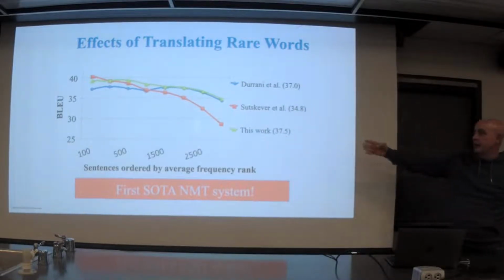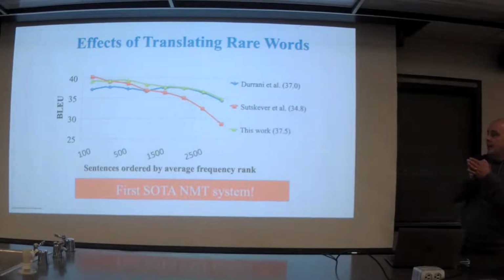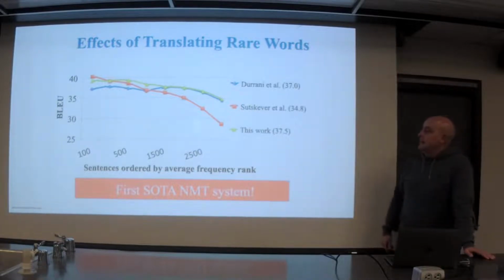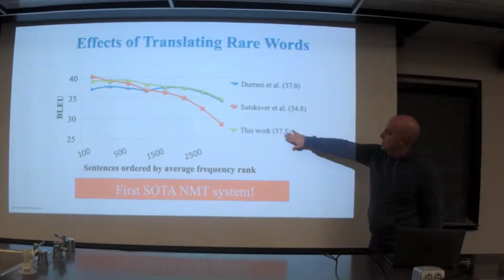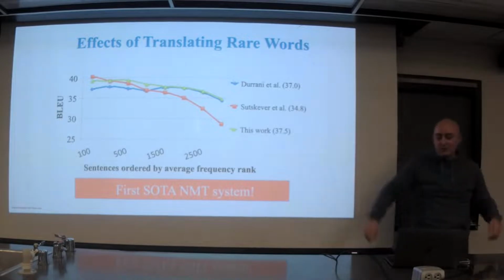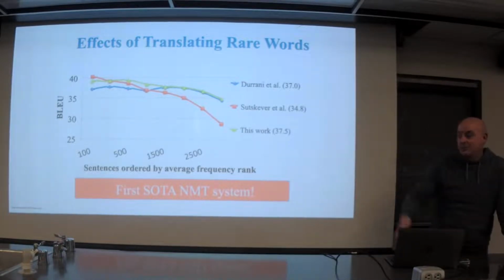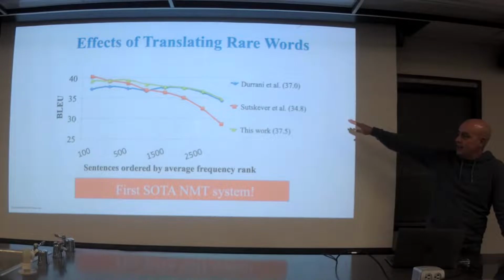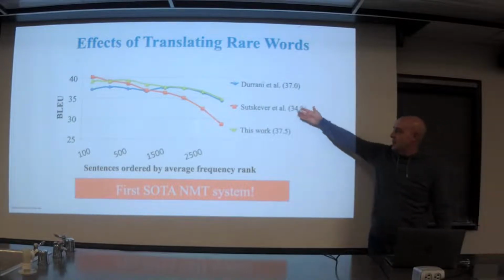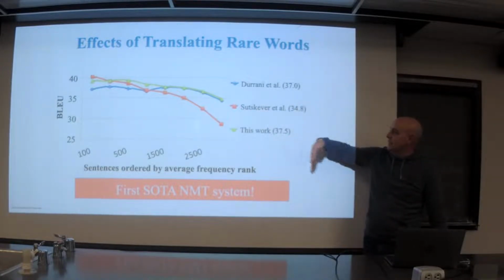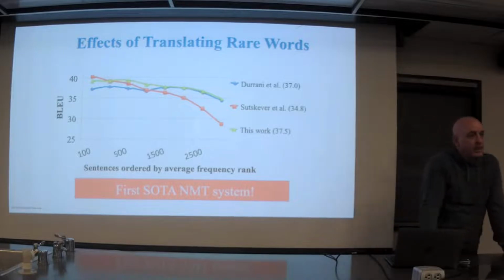Overall, this is showing how the BLEU scores change on sentences with rarer and rarer words in them, and you can see that this is 0.5 BLEU better. So this was state of the art, and of course, just like in deep learning, this becomes a new baseline, and everybody starts to try to do much better than that from there.